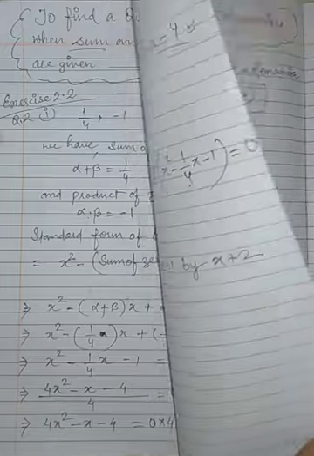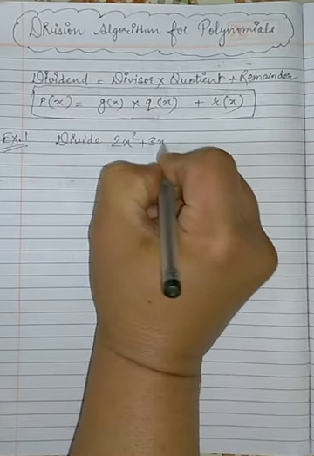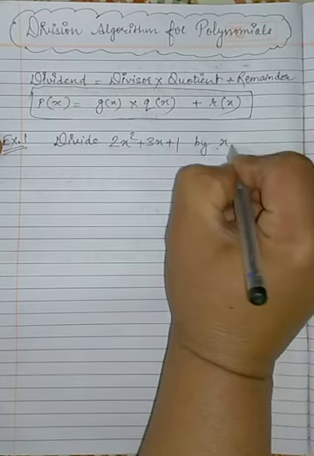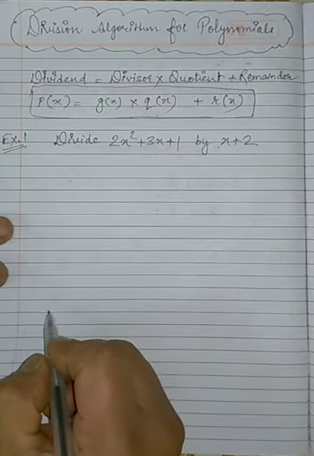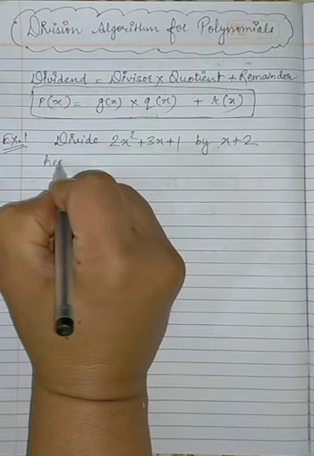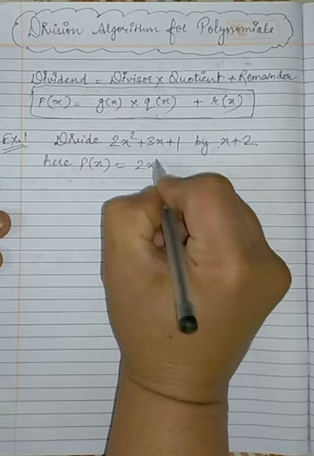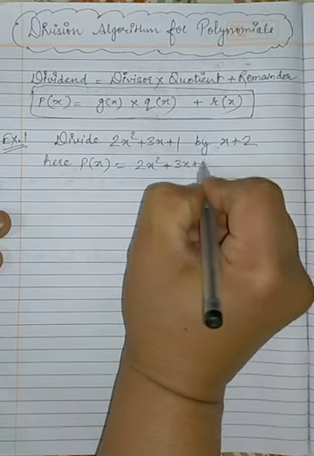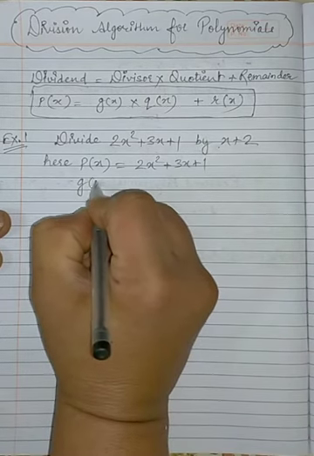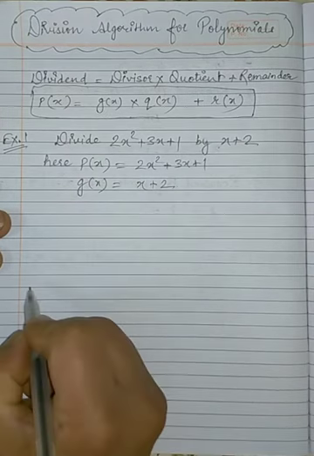Divide 2x square plus 3x plus 1 by x plus 2. So here our p(x) is 2x square plus 3x plus 1. g(x) is equal to x plus 2.